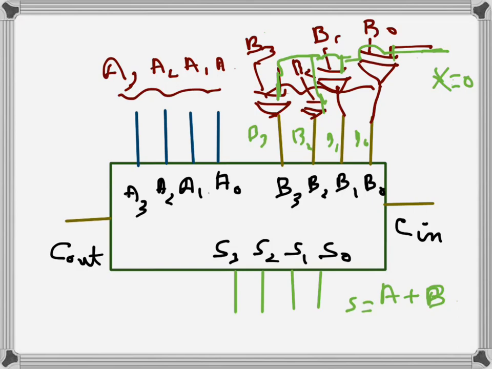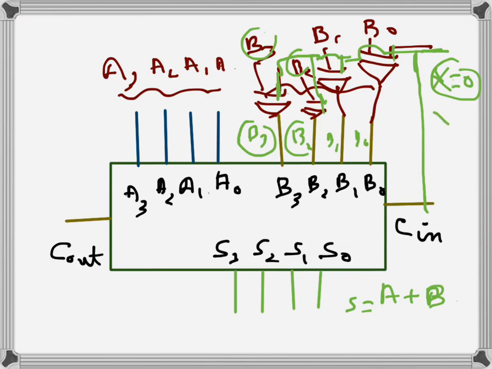And the X we also want to connect to C in, carry in. So when X is 0, carry in is 0, nothing happens there, and these 4 bits are not inverted. So we have the same B here, and S will be just A plus B.